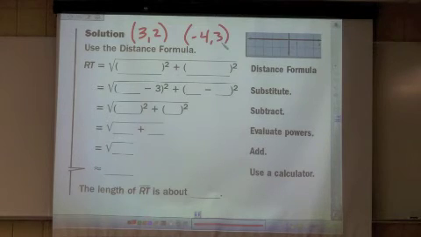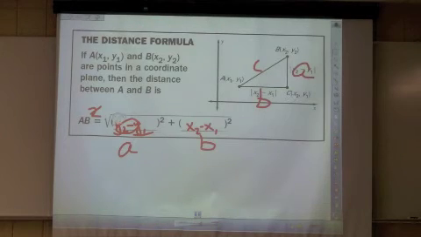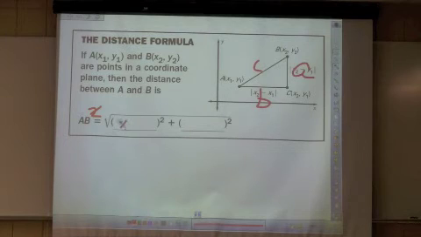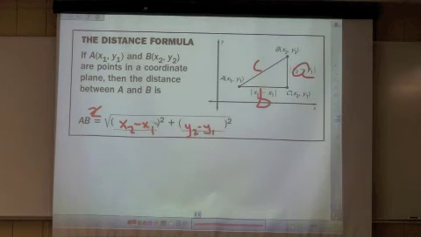What do you think? Let's see. So I've got to find one leg squared plus the other leg squared. I find those legs by basically subtracting the coordinates from each other.